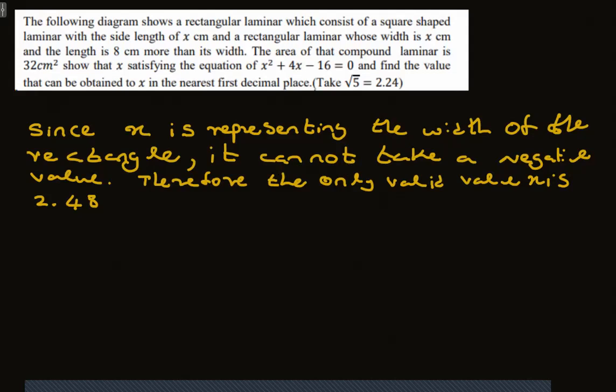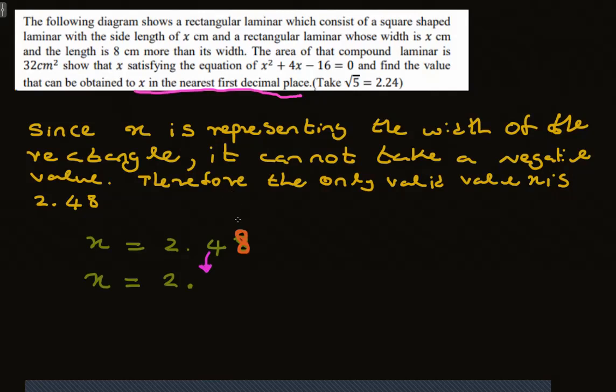Now look at the requirement. You have been asked to find x to the nearest first decimal place. So how would you present the final answer? X equals 2.48, but they want it correct to one decimal place. So you write x equals 2 point. How do you round this 2.48 to one decimal place? Before you write the first decimal place number, see what's next to it. What's the next digit? That's 8. Is 8 bigger than 5 or smaller than 5? 8 is bigger than 5.